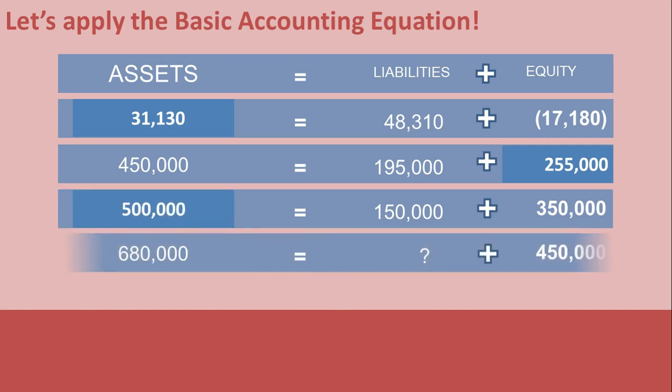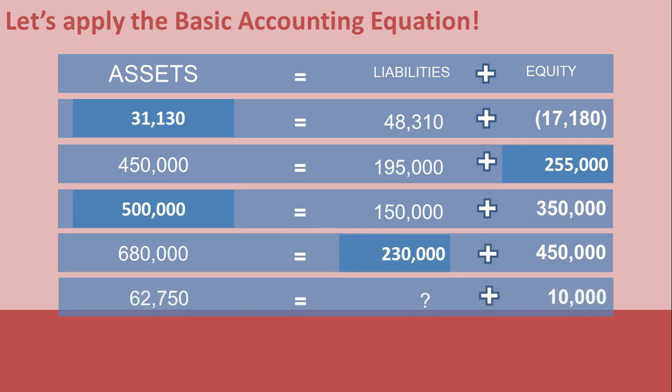Awesome. Now this. Compute for total liabilities this time. And the answer? 230,000. Fantastic. And finally this. Compute for total liabilities still. The answer?